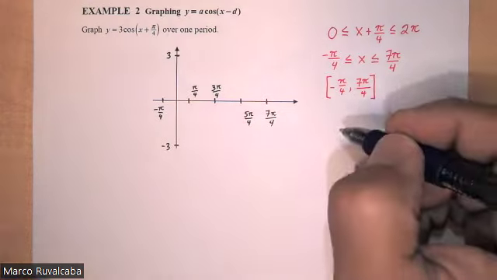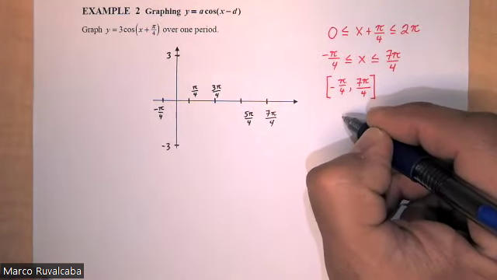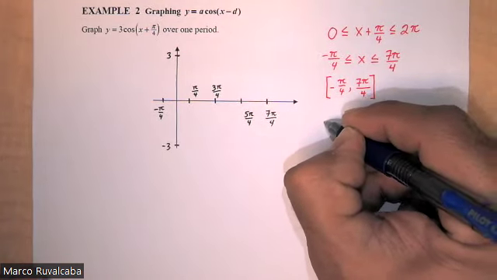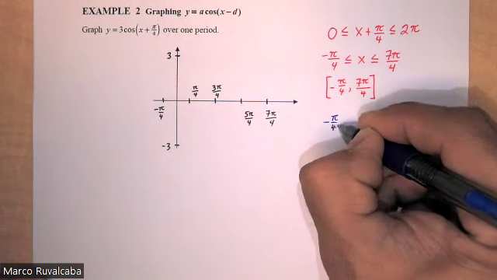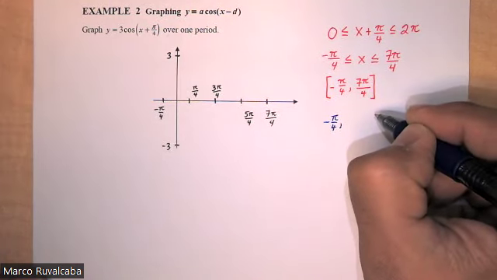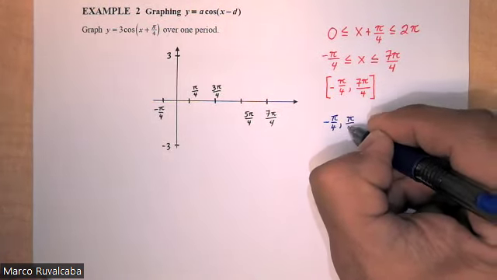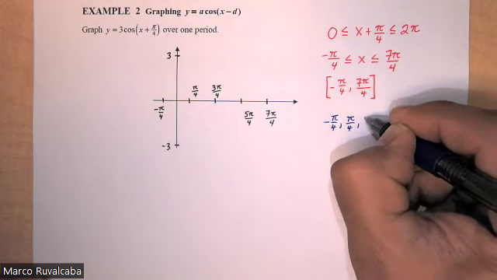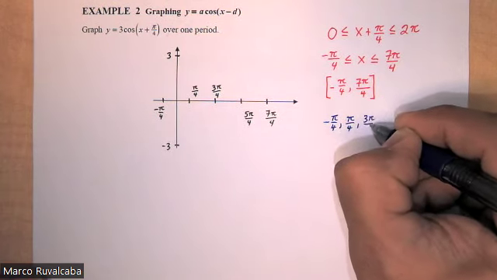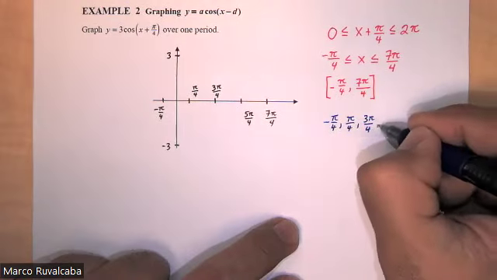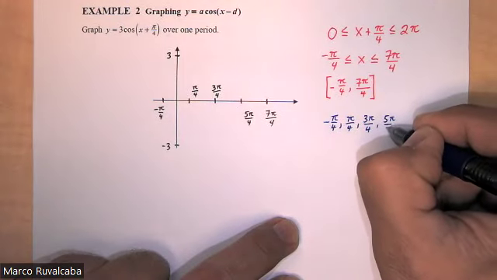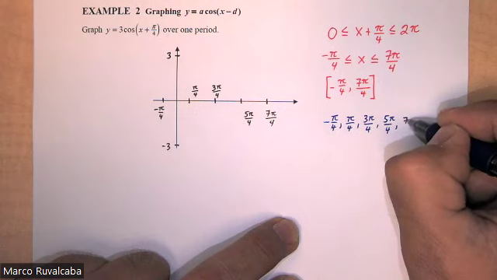And that'll give us 4 intervals that begin at negative pi fourths. Then if you add pi halves to that, you get positive pi fourths, and then keep adding pi halves, and on you go to the other intervals: 3 pi fourths, 5 pi fourths, and 7 pi fourths.